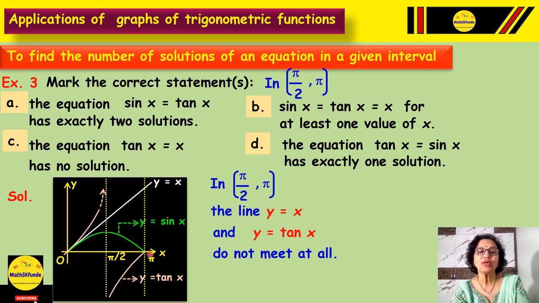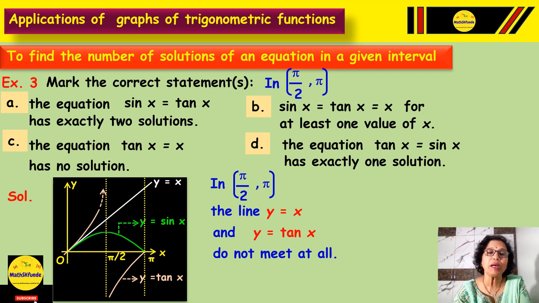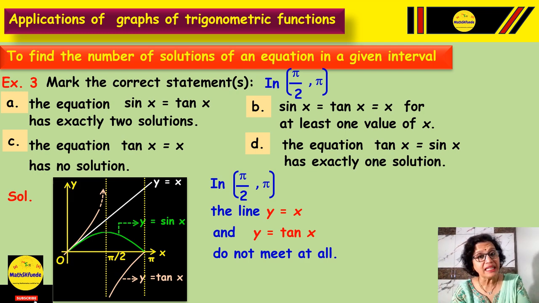Okay. And y equal to tan x is below x-axis, means values of tan x are negative. And when you see graph of y equal to x, we realize that all x what you are taking, they are positive because they are anyway in pi by 2 to pi. So tan x and x will never be equal in interval pi by 2 to pi. So they do not meet at all. So my correct option is C.